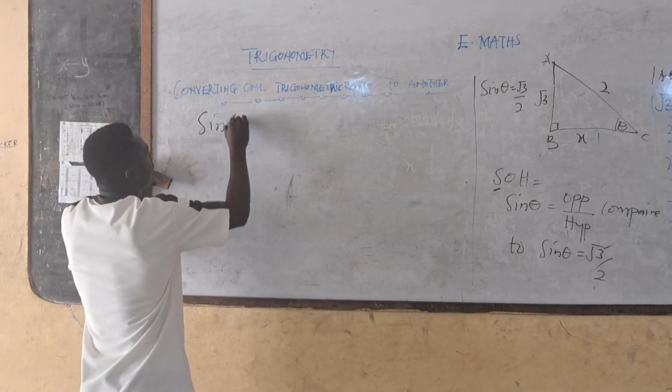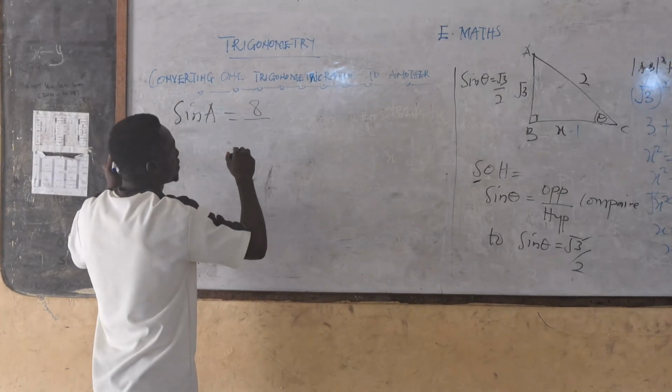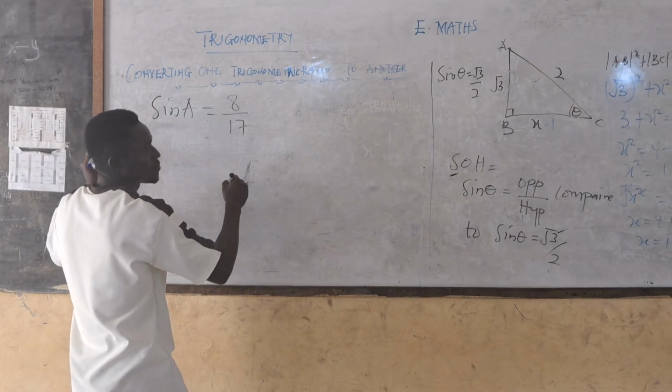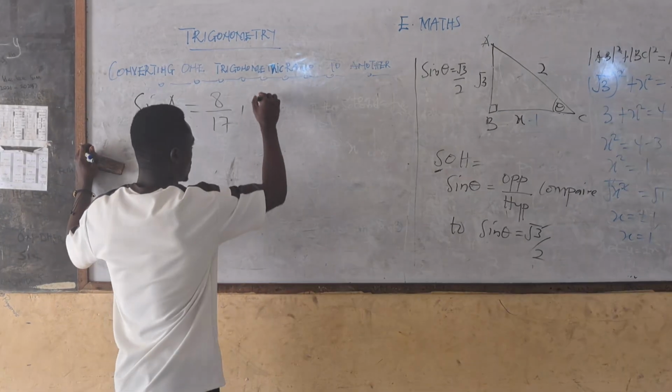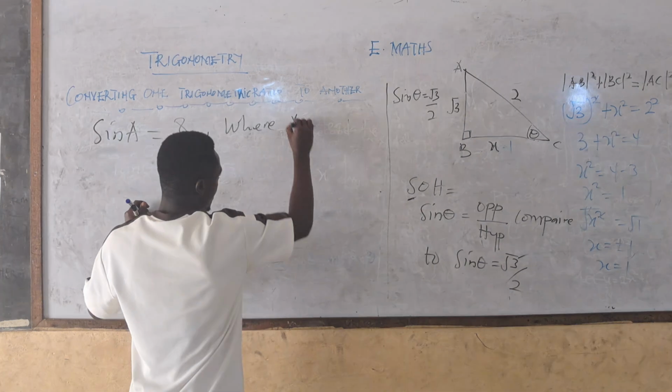So sine A is equal to 8 over 17, where A is an obtuse angle.